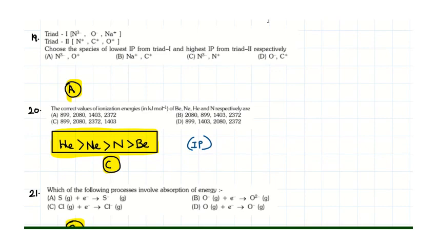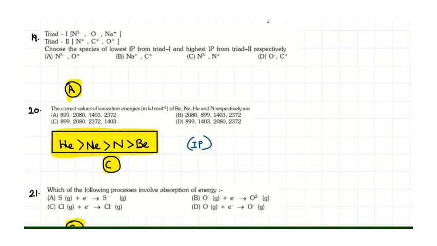In the 19th question, we have three triads: N3 minus, O minus, and Na plus, and N plus, C plus, and O plus. We need to find the species of lowest IP from triad 1 and highest IP from triad 2. Now, we know that nitrogen requires high ionization potential for the first, second, and third stages because it has initially a somewhat stable electronic configuration.